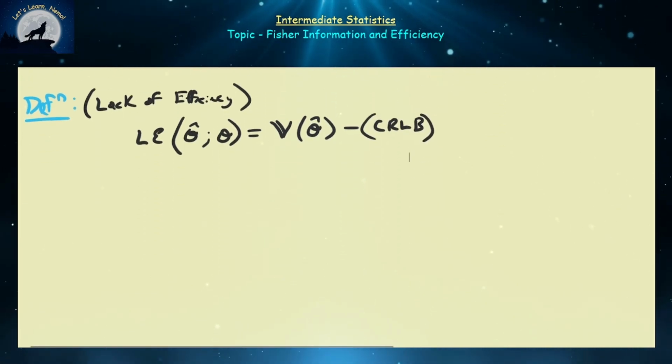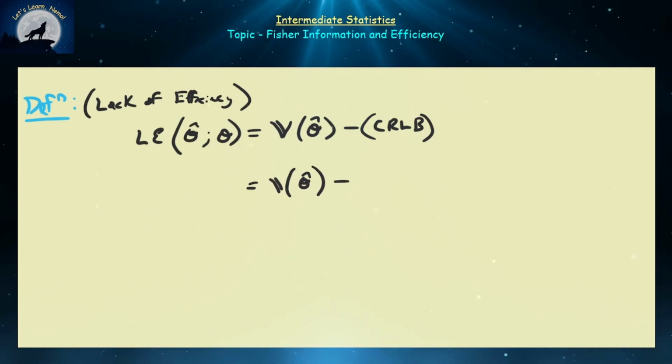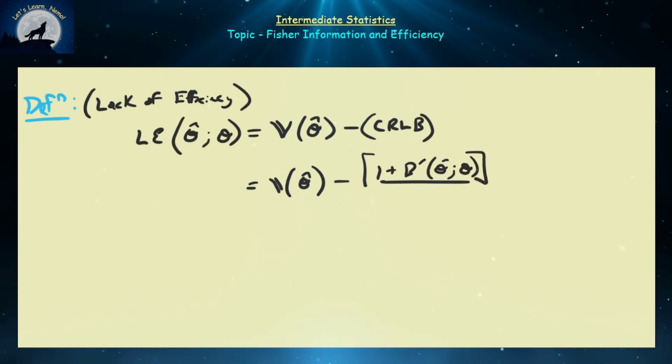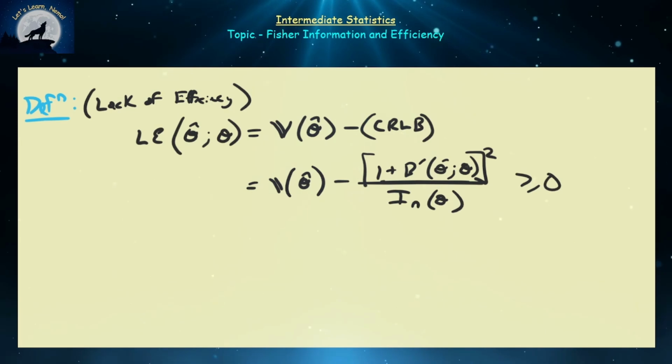Right, which we technically can see is the variance of theta hat minus (1 plus the derivative of the bias of theta hat for theta) squared, all over I_n(theta). And keep in mind, this is always greater than or equal to 0 because it satisfies the Cramér-Rao inequality. Okay. Now keep in mind, it could have bias in it, so be very, very careful.